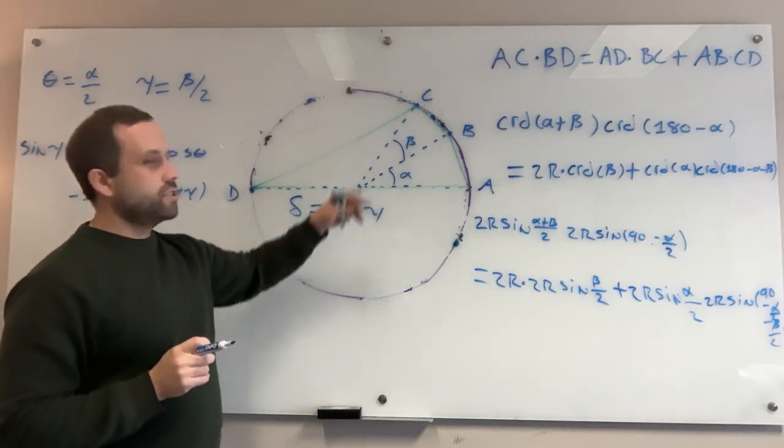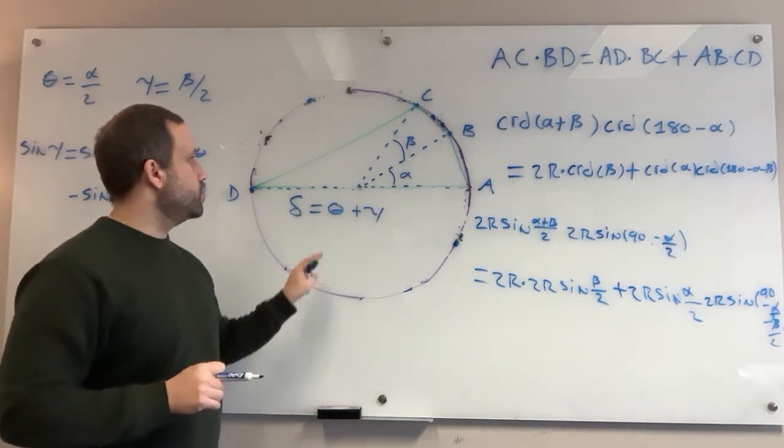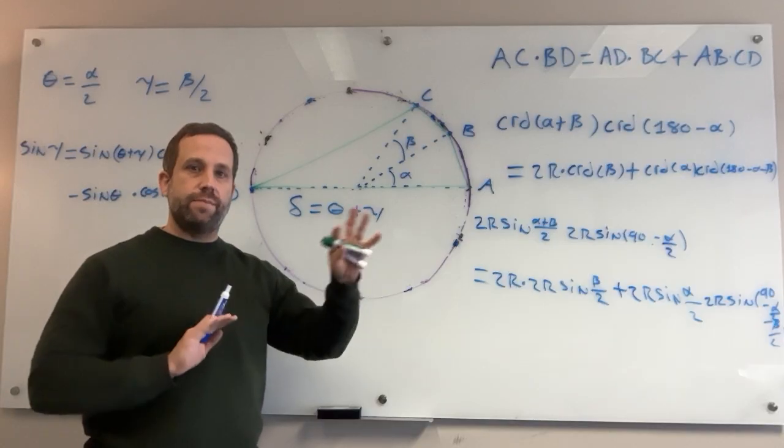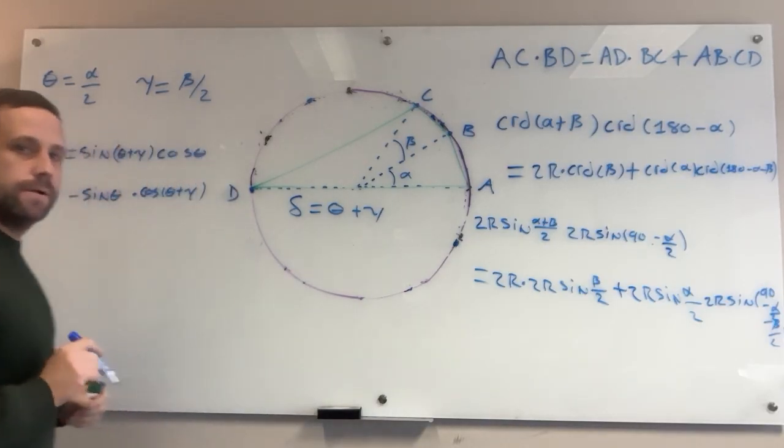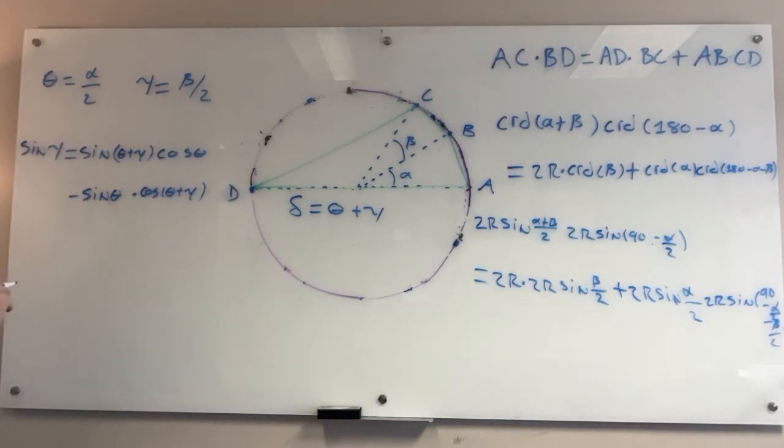That more or less corresponds to alpha plus beta after we do this over 2 thing, which is how you can sort of translate between what I'm doing and what the book has. Anyways, delta as a new angle is defined to be theta plus gamma. So then what is sine of gamma going to be? Well, gamma is delta minus theta. So this is sine of delta minus theta.